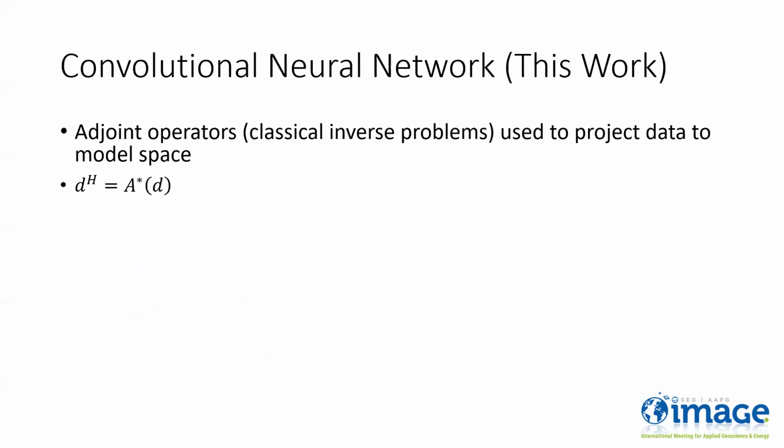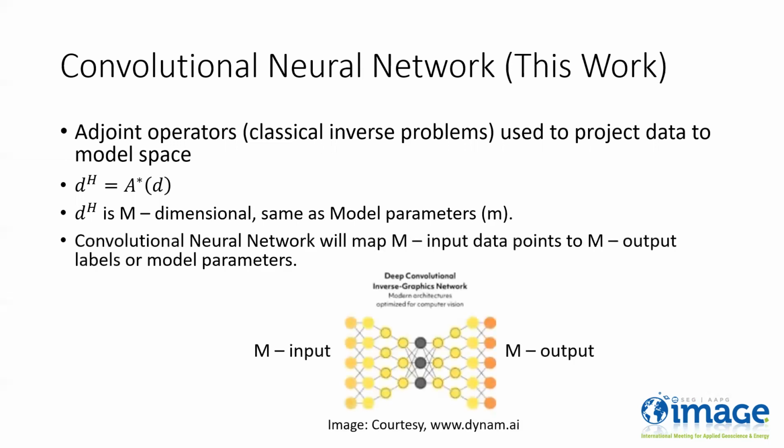They are known for their ability to project from data space to model space and are ubiquitously applied in all geophysical methods. The projected data has the same dimensions as the target variable, or the model vector. And this makes it much easier and more efficient to design training architectures that can mitigate some of the dimensionality issues encountered in geophysical inversion.